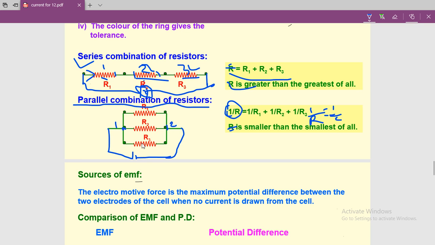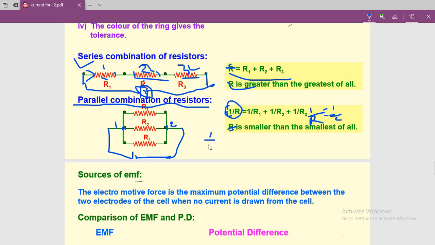There is another point, the value of equivalent resistance is even smaller than the smallest resistor connected in the parallel combination. So in this case, suppose R1 is 1, R2 is 2 and R3 is 3, then we can calculate the equivalent resistance.